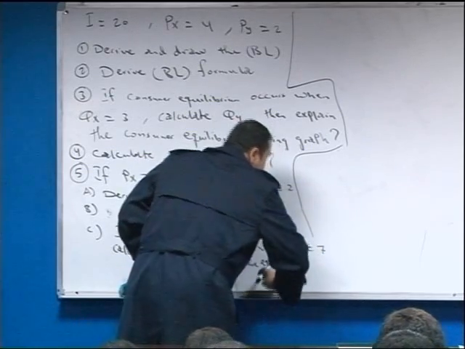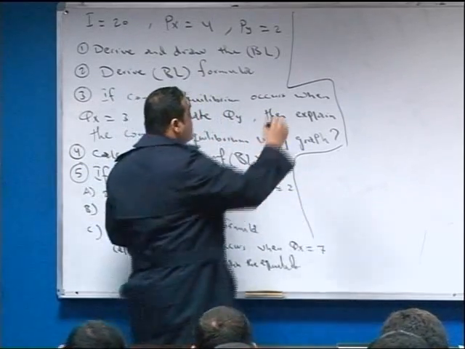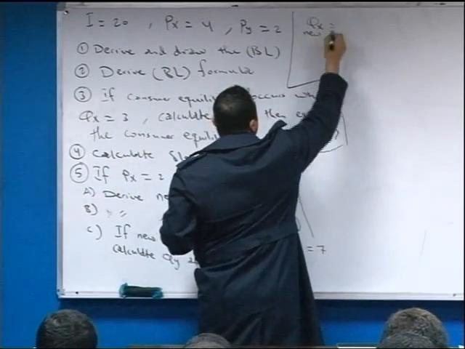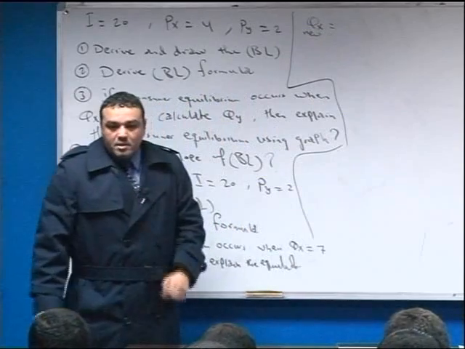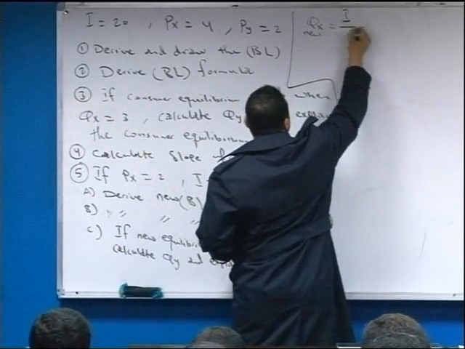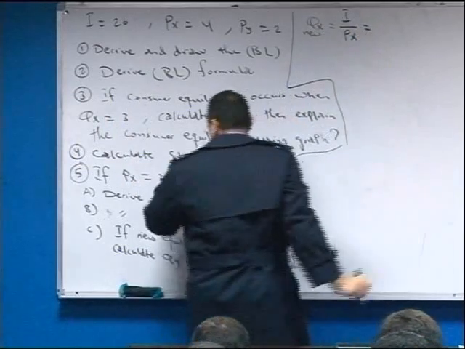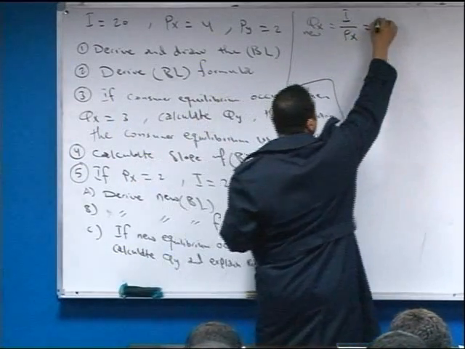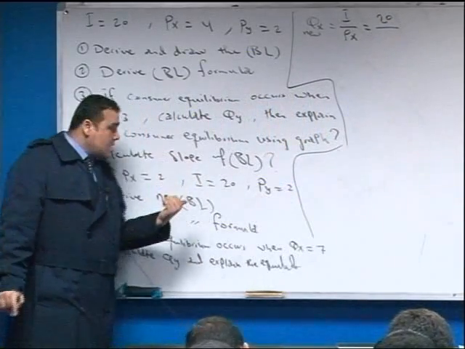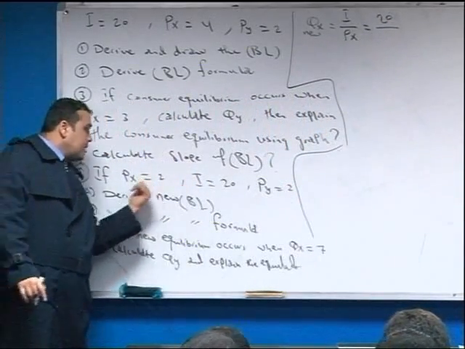The same process. The new Qx equals the new I over Px. I is 20 over 2, not 4, because here we have a new price.